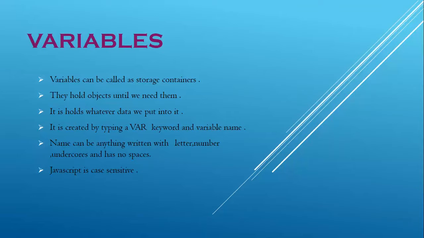Variables in JavaScript are created using a var prefix and a variable name. A variable can have any name as per your choice. It can be anything using letters, numbers, underscore, but there should not be white spaces between variable names.